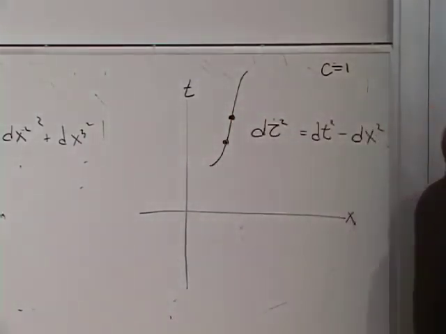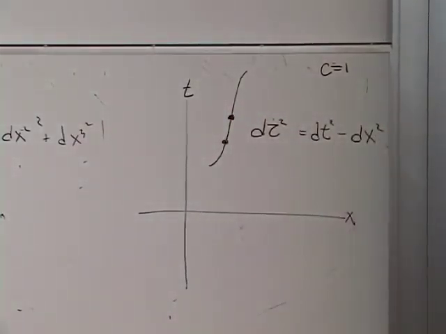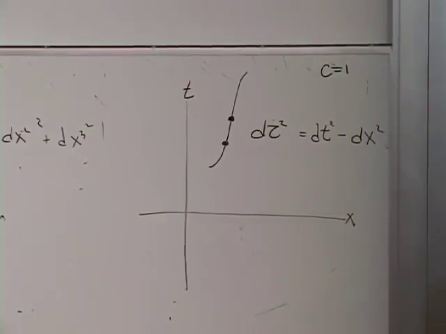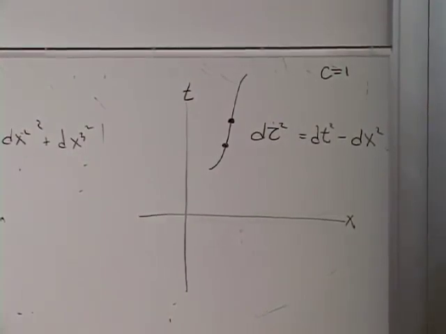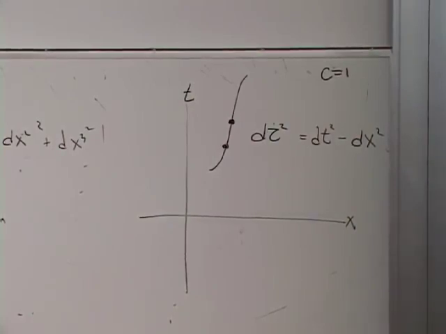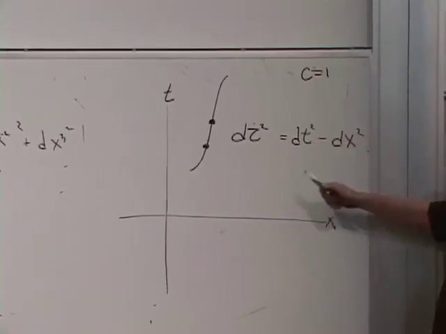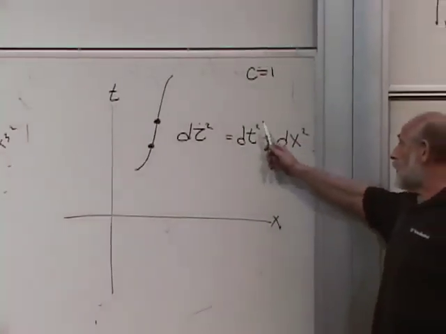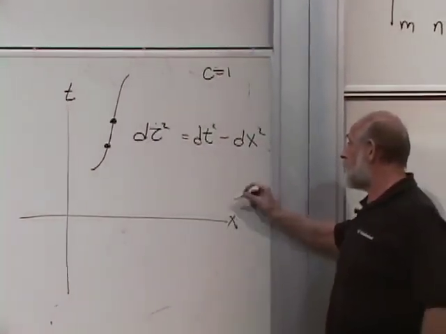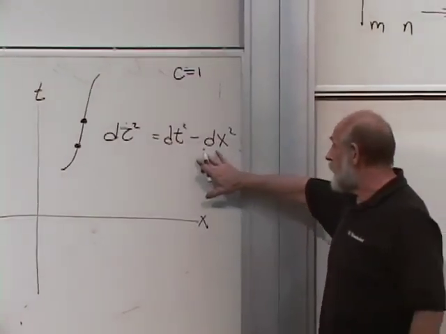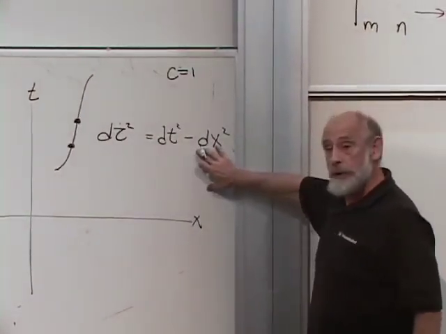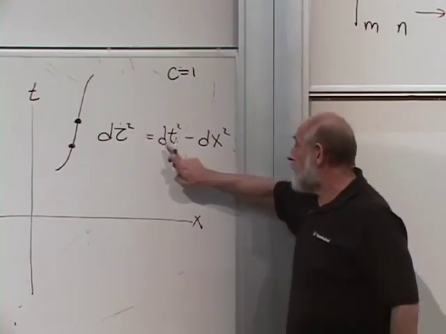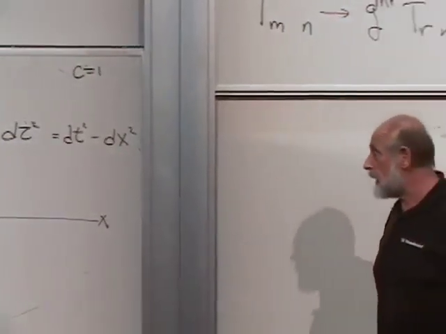This metric now represents proper time, not necessarily spatial distance. It can also represent spatial distance, but it represents what it represents. And the Lorentz transformations are transformations from one set of coordinates to another in which, in both sets, the form of d tau squared is equal to dt squared minus dx squared.